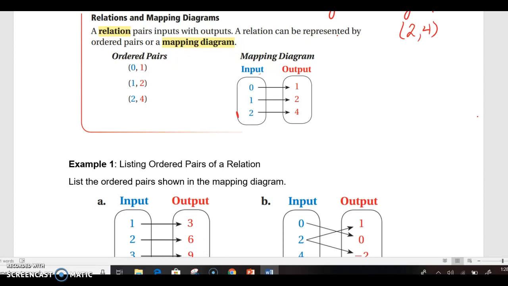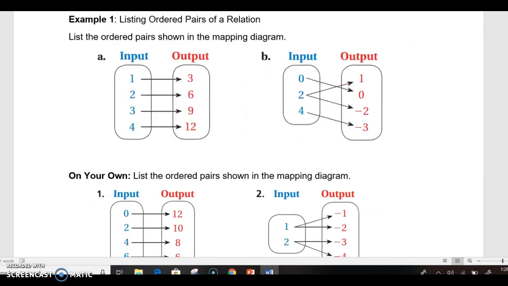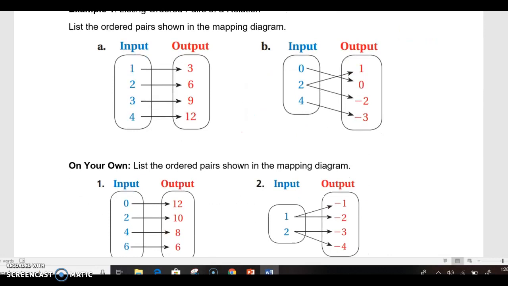So down here in example 1, we have some mapping diagrams. It says list the ordered pairs shown in the mapping diagram. So remember, my inputs are my x values and my outputs are my y values. Ordered pairs always are written in the form of x comma y, and please put parentheses around your set of ordered pairs.